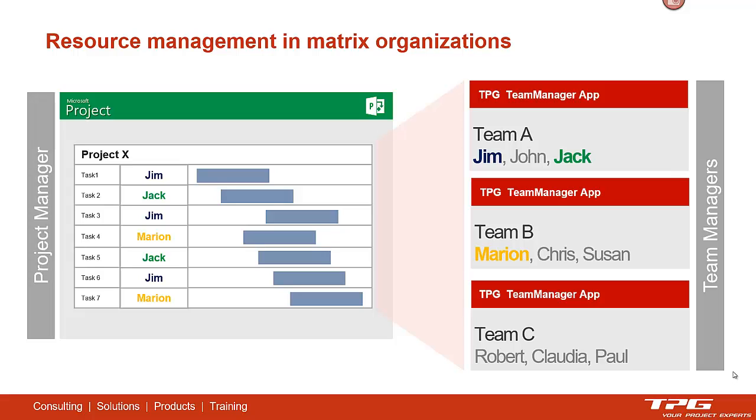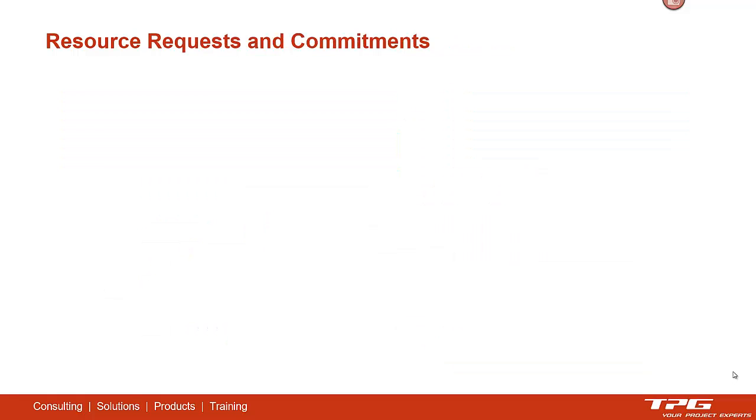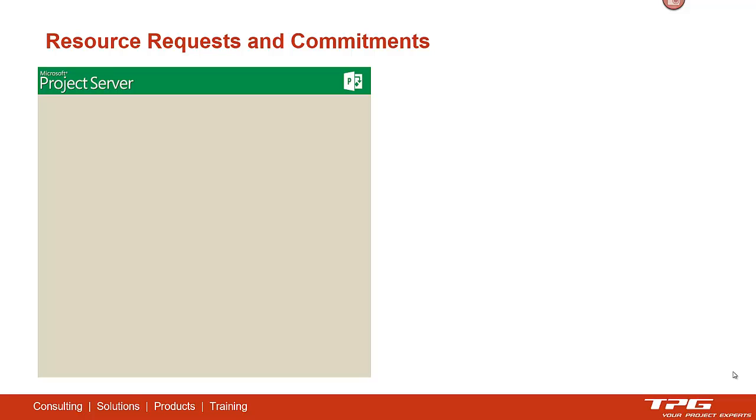And therefore we have split up project plans and team manager plans, and we take both numbers, so the requested numbers out of projects and the commitments from team managers, compare these two values, and then show them in a traffic light view.